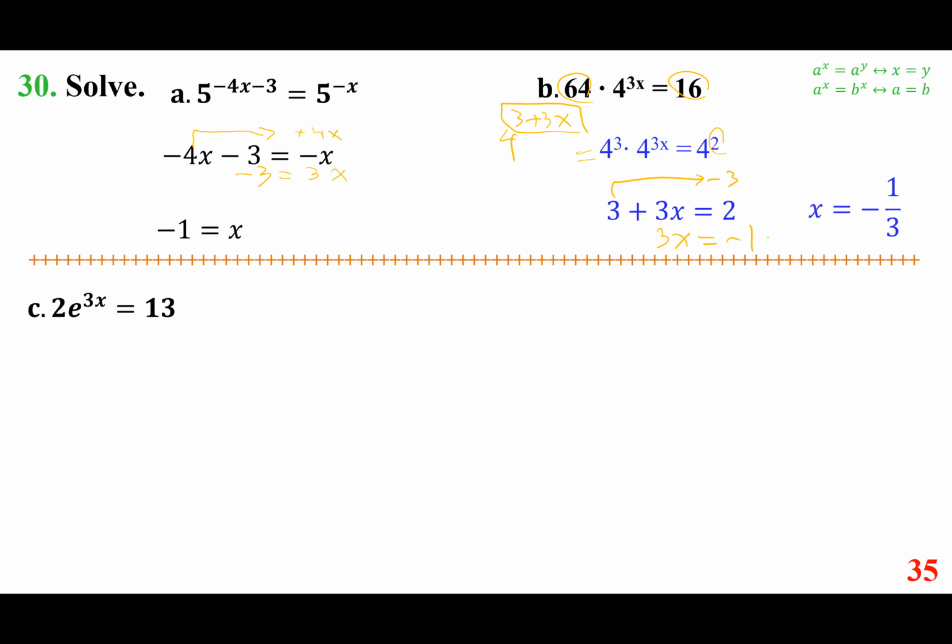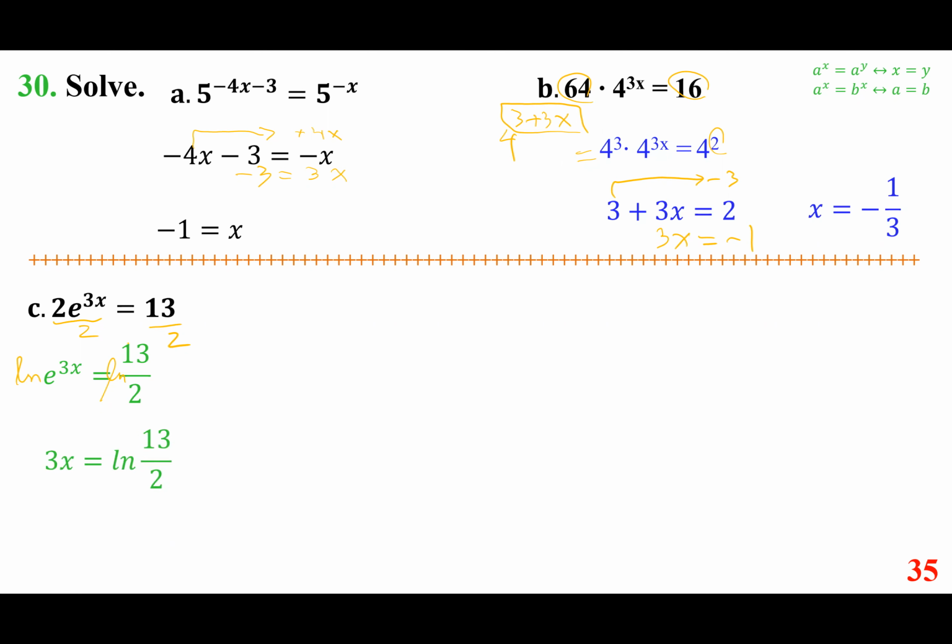Two e to the power of 3x is 13, so divide by 2 first. And since the base on the left side is e, you take a natural log. So the left side becomes 3x.